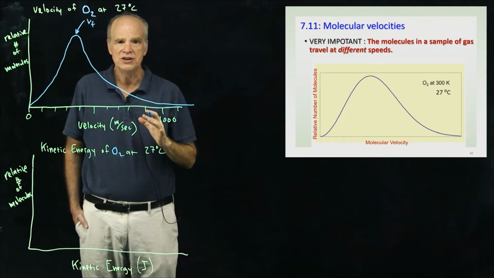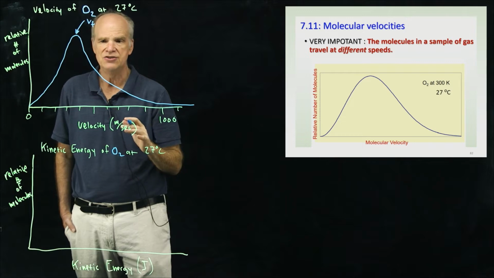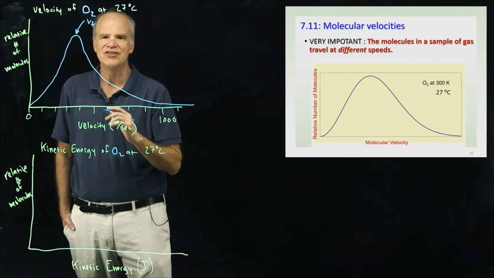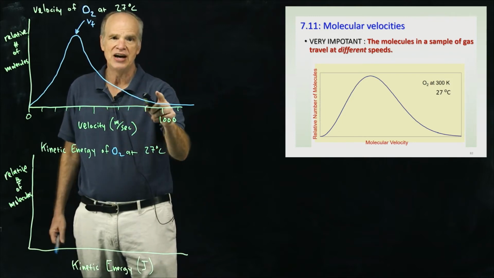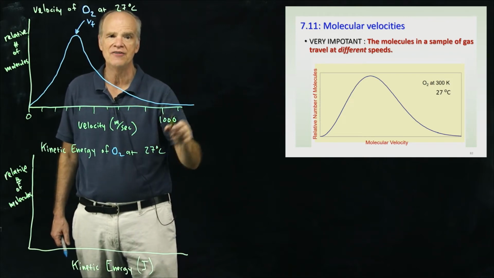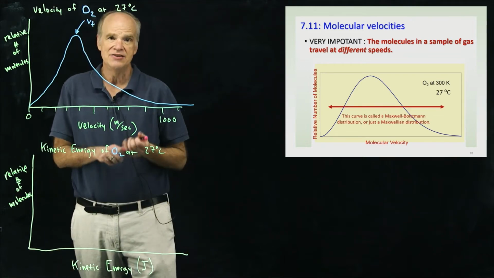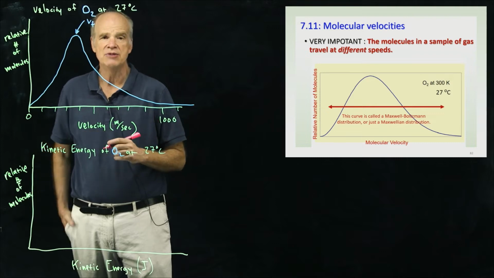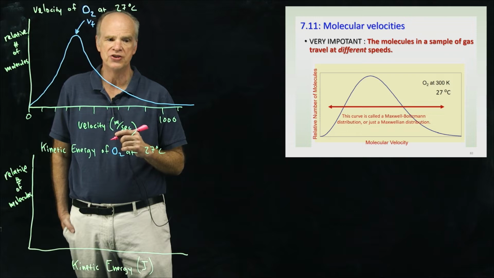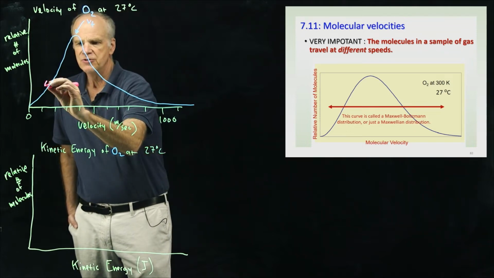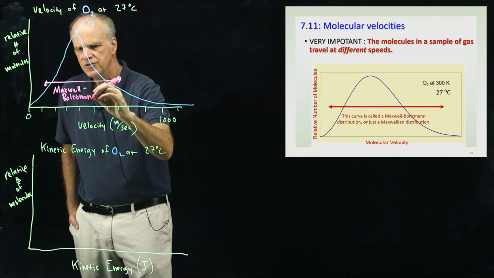Now, you can look at this distribution and see it doesn't look exactly like a bell curve. On the right side, the higher speeds, it tends to trail off a little bit. So this is not really a bell curve. This is a different curve with a different name. It's called a Maxwell-Boltzmann curve, or a Maxwell-Boltzmann distribution. So I'm just going to mark that here.